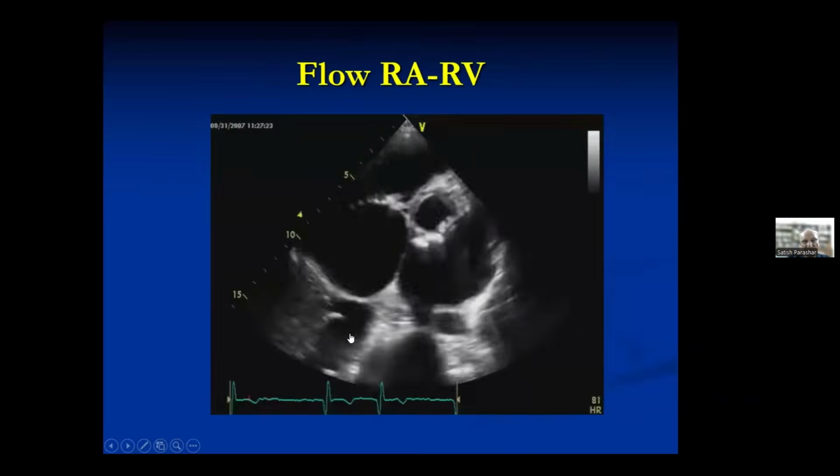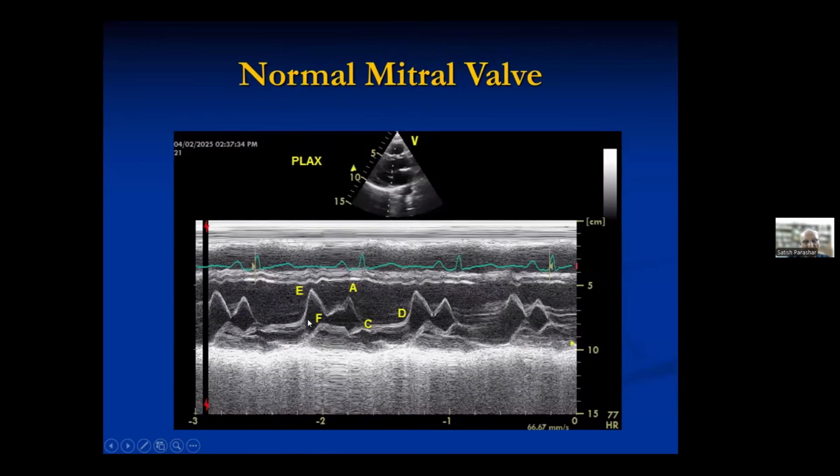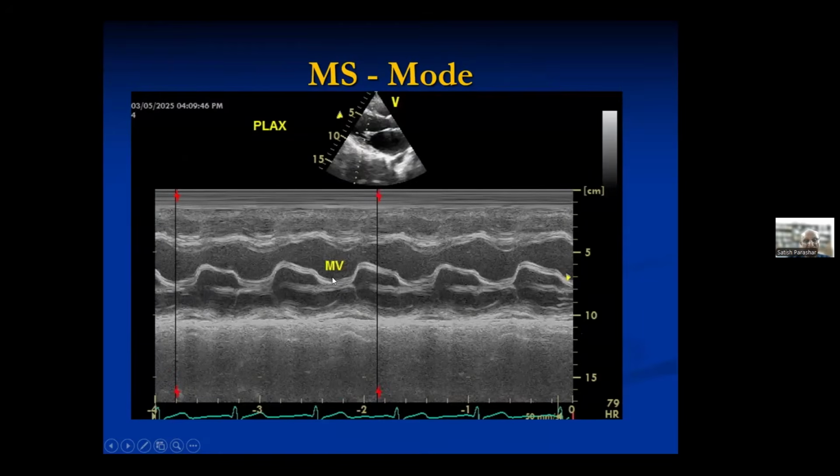This is simple M-mode. You see this is the anterior leaflet, moving anteriorly, and the posterior is moving posteriorly. So there is no fusion of the leaflets because they are moving in opposite directions. But when there is thickening and fusion of the chordae and the cusp, they move towards each other.